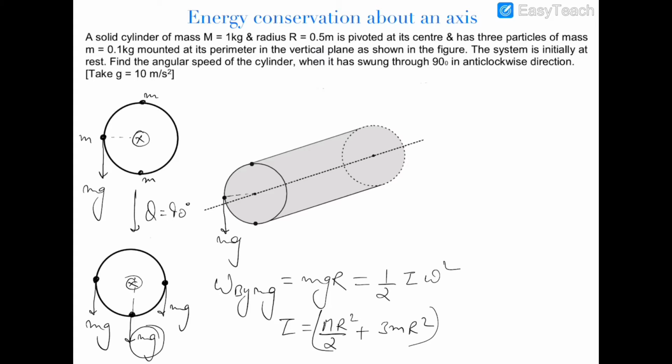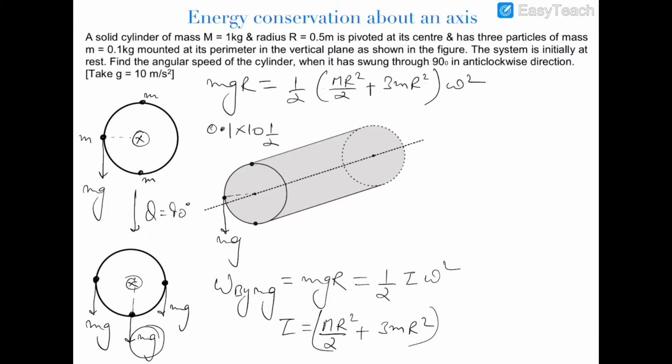So this mgr is equal to half I, which is mr square by 2 plus 3 mr square, and this is omega square. So this mass m, small m, is 0.1, g is 10, and radius is half.